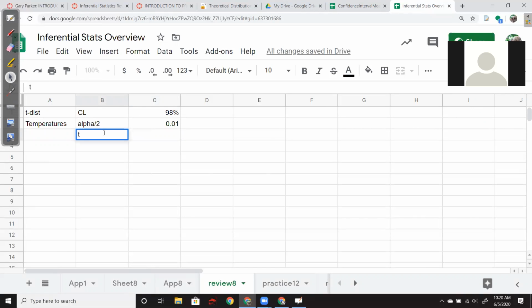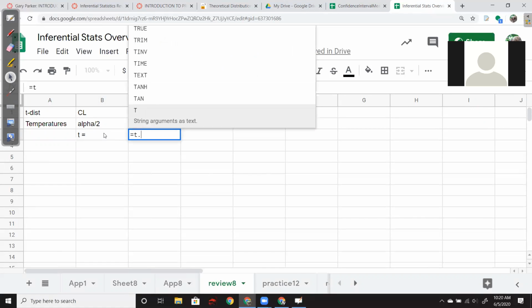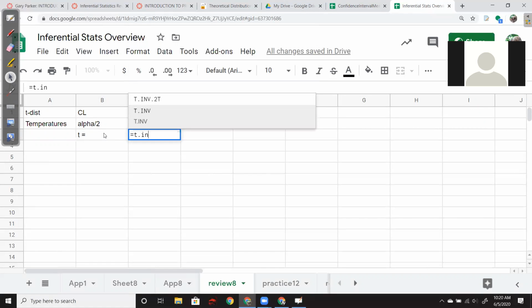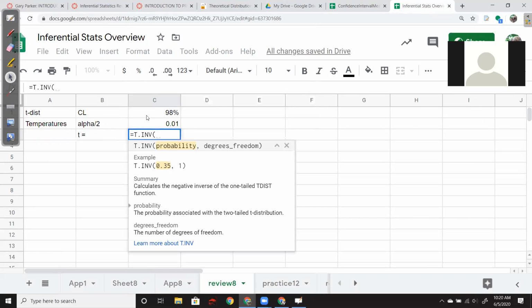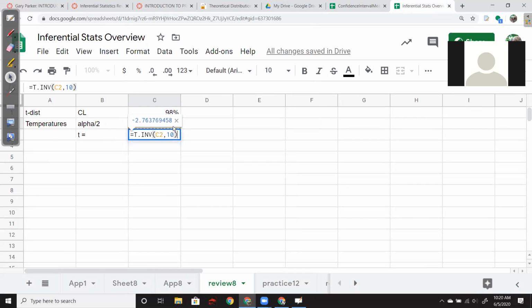And then the t-score that goes with that comes from using the t inverse, so T.INV. Then the tail probability, and then degrees of freedom 10. And it's going to give me negative 2.764-ish. I just ignore the negative or go in there and get rid of it by making it a double negative. So that was the t-score that StatKey gave me also.